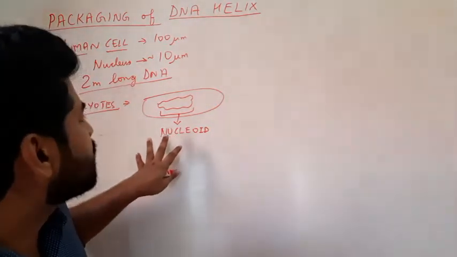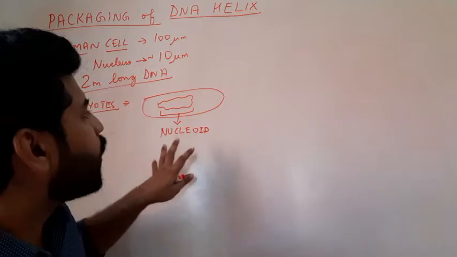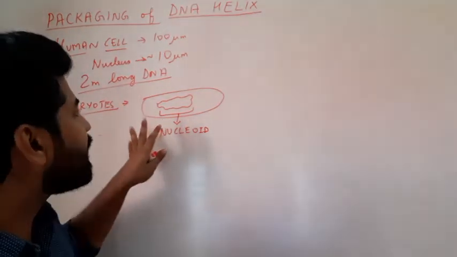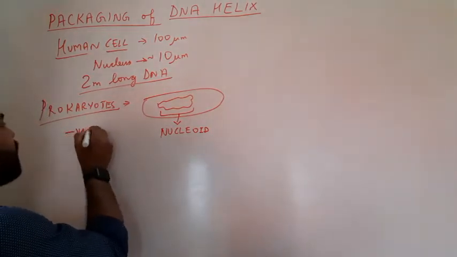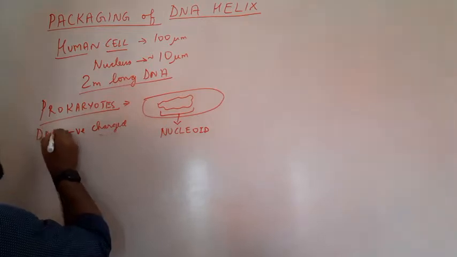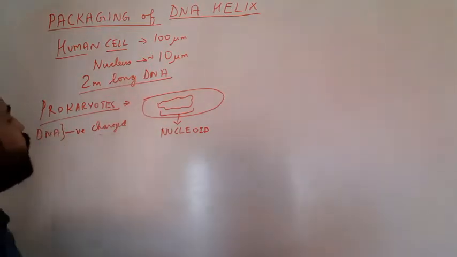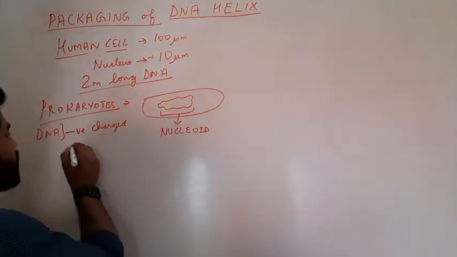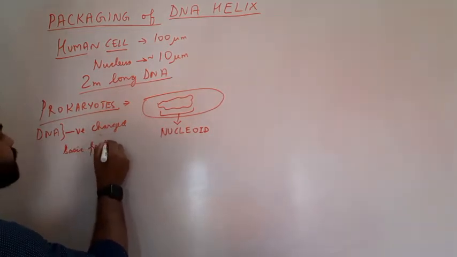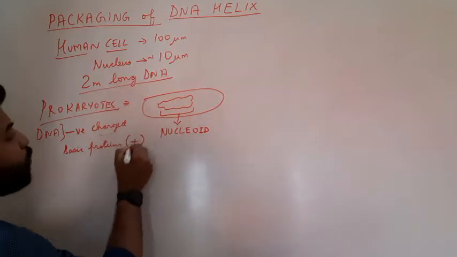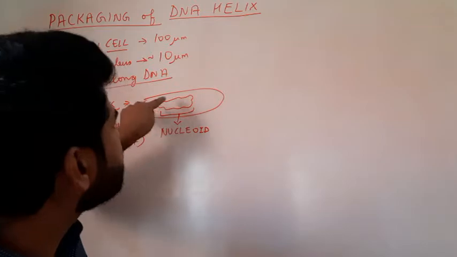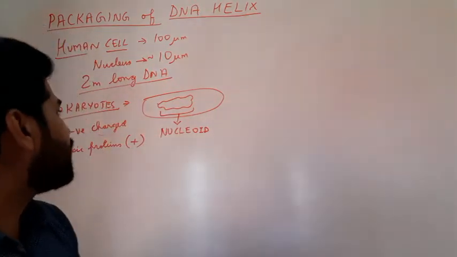This arrangement is done with the help of certain proteins. The DNA is negatively charged due to the presence of the phosphate group, as you already know. Because of the presence of certain basic proteins which are positively charged, the DNA is arranged in a region called the nucleoid region.